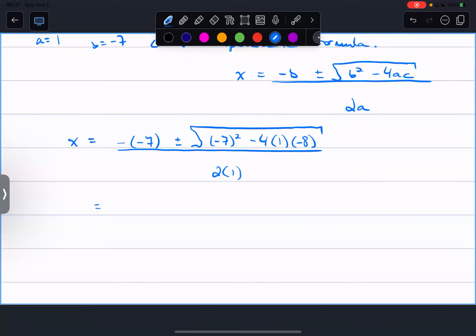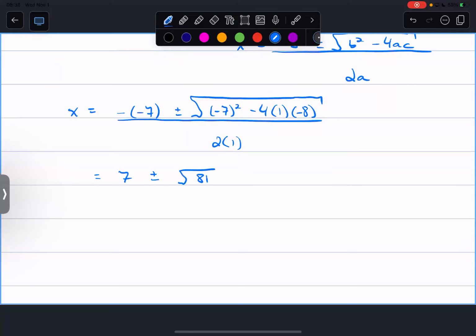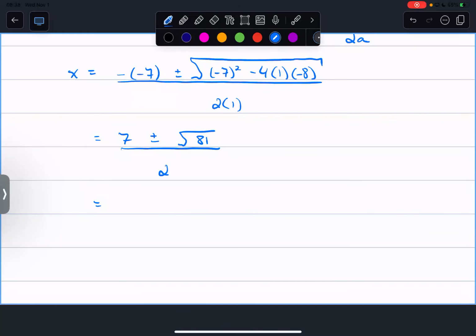So I get 7 plus or minus the square root of 49 minus 4 times -8, which puts me at 81. The root of 81 is a nice value, surprise. So I get 7 plus or minus 9, divided by 2.